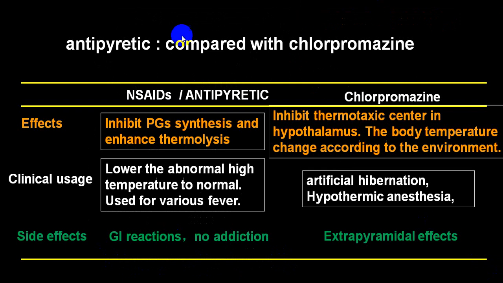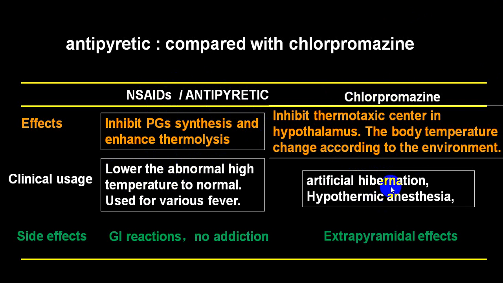Now, if you compare the two, chlorpromazine is one of the drugs which is utilized in children for reducing temperature. So NSAIDs and antipyretics are mainly for reducing temperature irrespective of the etiology, but particularly in a person who has hyperthermia, chlorpromazine is a better drug.